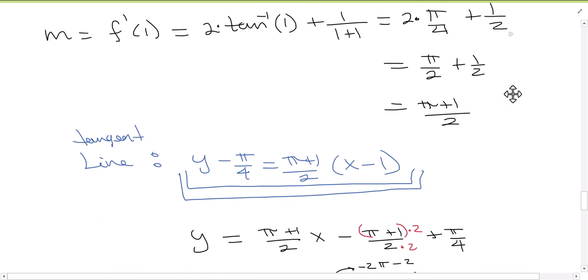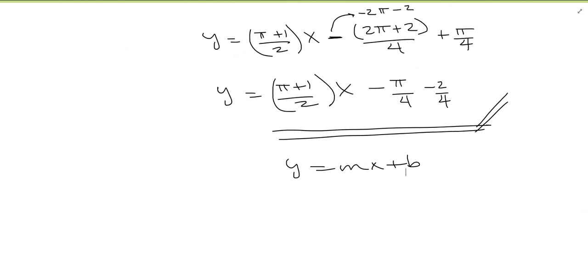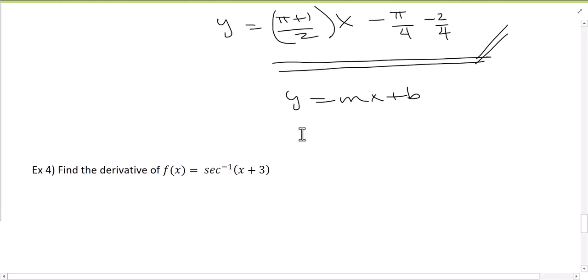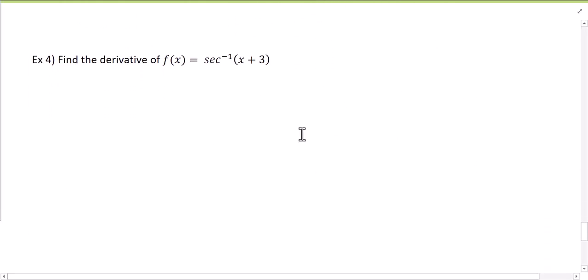Let's try another example involving our inverse trig functions with product rules and quotient rules. Let's try this example, which I guess doesn't involve a quotient rule or a product rule, but it involves a chain rule. So find the derivative of f of x equals secant inverse of x plus 3. So I don't have just x in here.